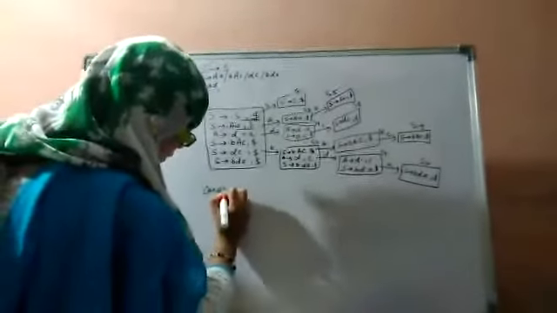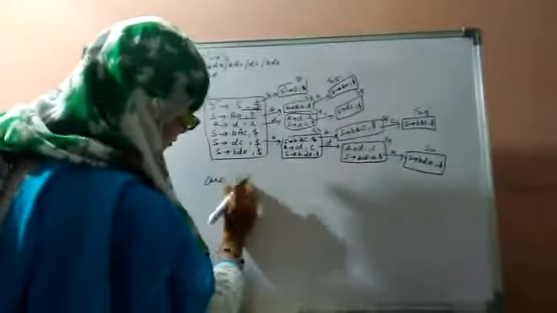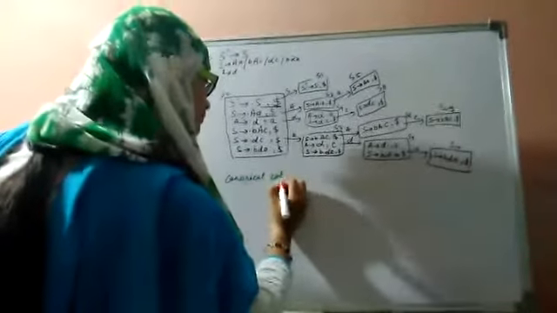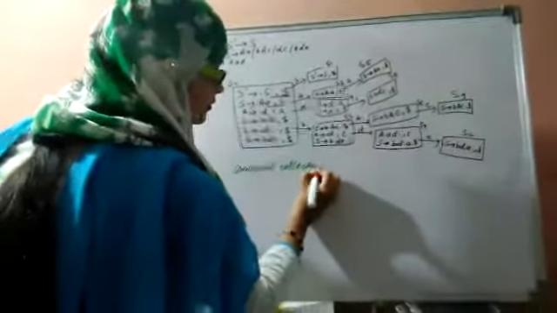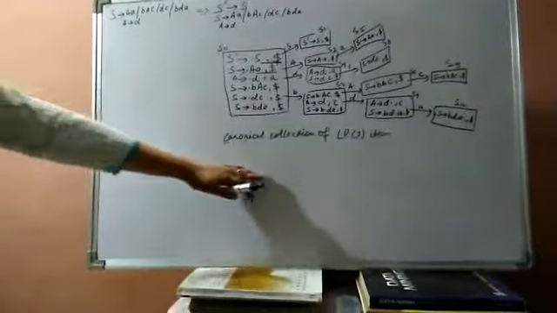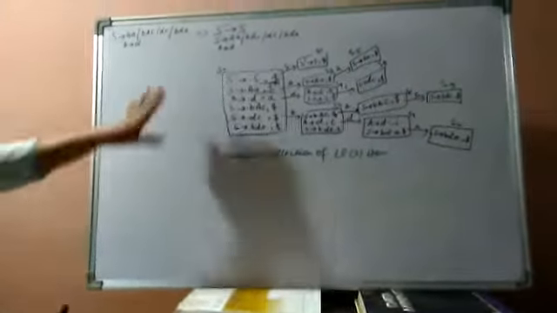This whole is called the canonical collection of LR1 items.